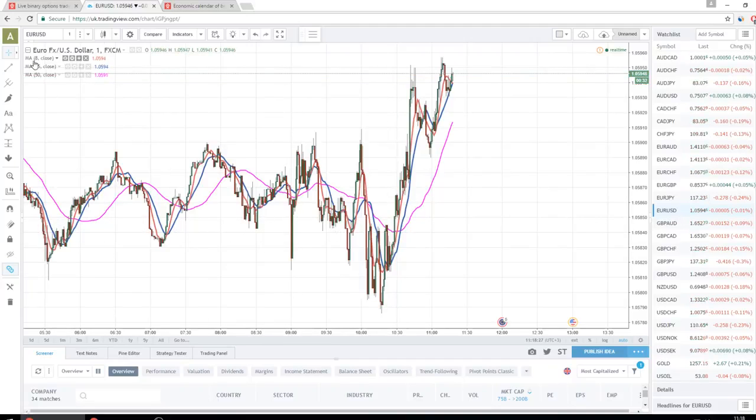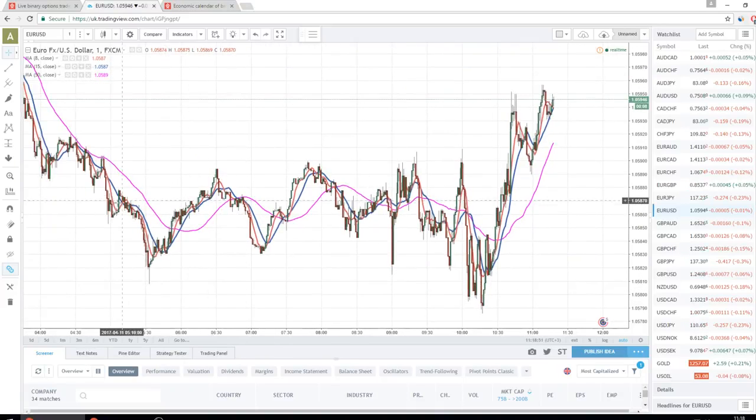Right now I have 8, 15 and 50. Let me change it to 16. So what does it show us, and how can it be used?